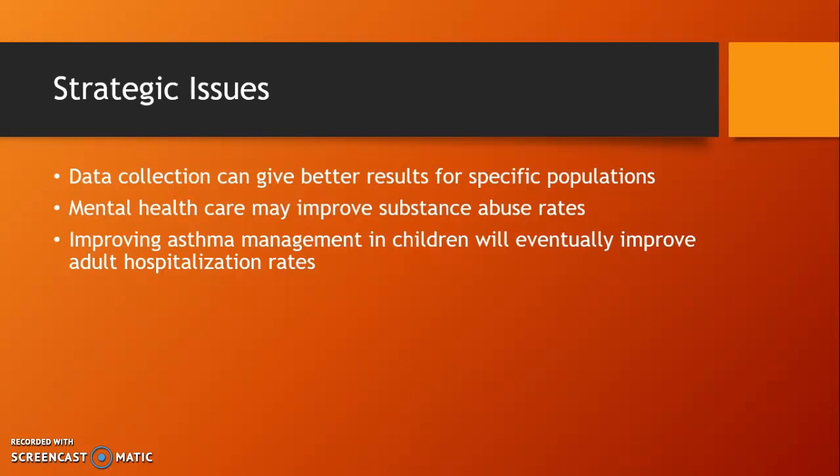If you have 50-50 for all your issues, then you don't really need better data. But if you have a population that is higher, say in gender demographics or age demographics, then you really need to address issues that are specific to them, and you can't do that without better data collection. So we're really thinking that that's the main focus.